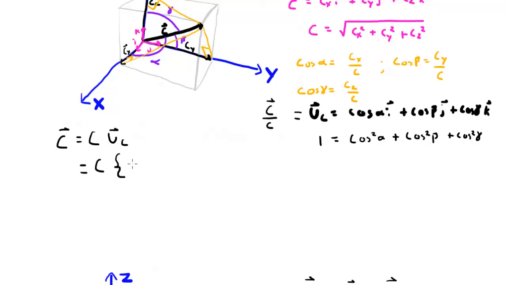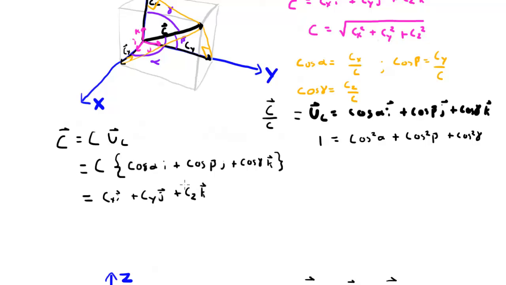We can explicitly write out the unit vector as we have above, or in full Cartesian notation: Cx i plus Cy j plus Cz k. What I want you to note from these two systems is that you only need three pieces of information to fully define both the magnitude and the direction of the vector.